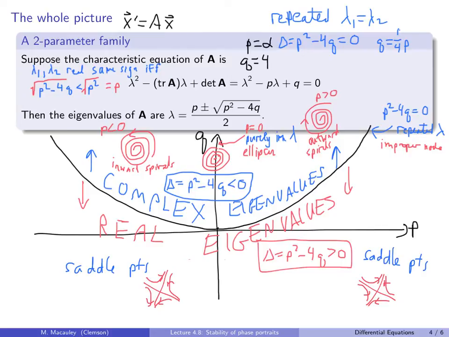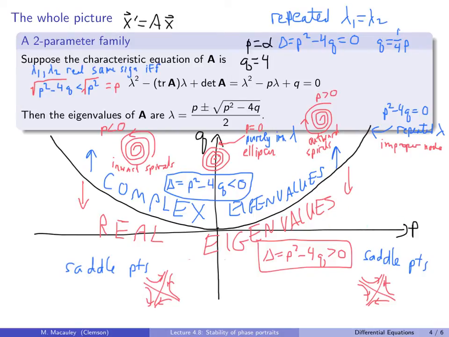Okay, let's go above the p-axis. In here, we're going to have eigenvalues of the same sign, and p is going to be positive.